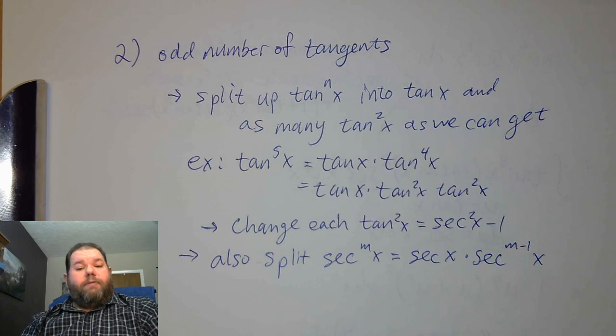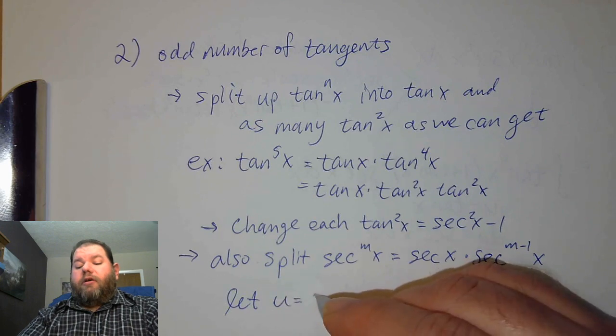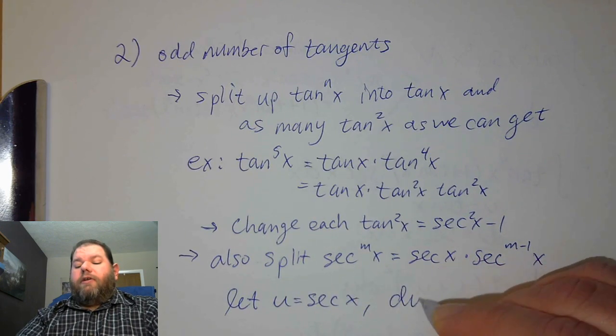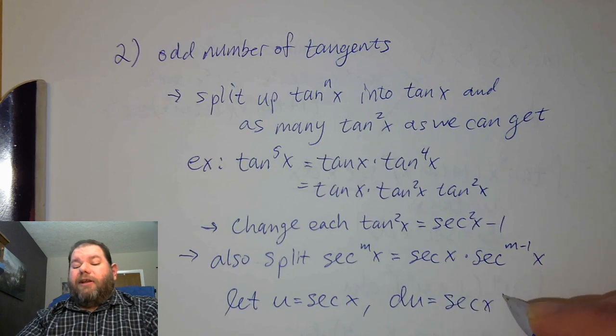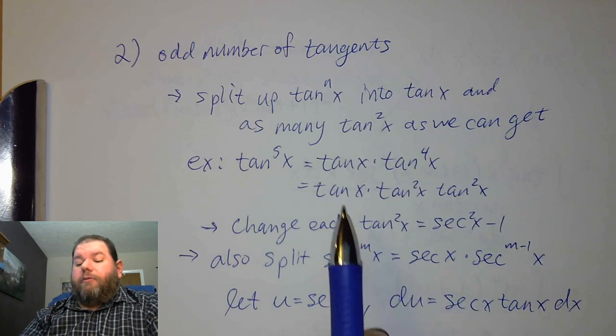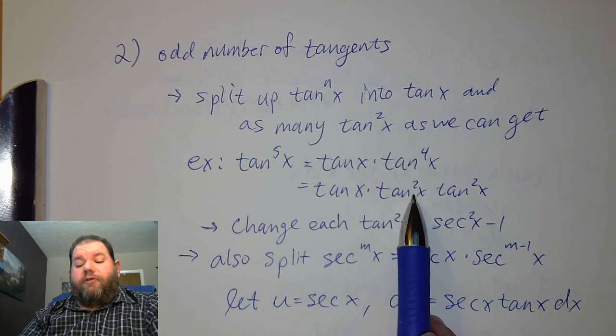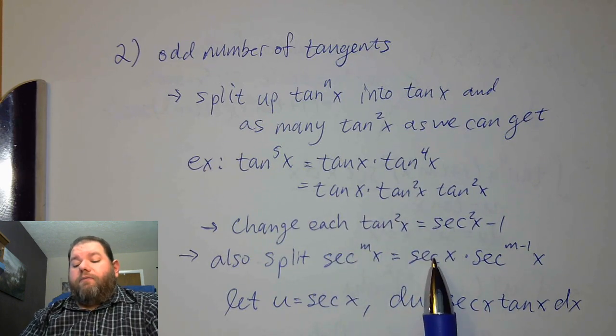So not only do we split up the tangents, we also separate the secants here. And the reason we do that is because we're going to let u equal secant of x, and du will be secant of x times tangent of x. That's the derivative of secant. And to accommodate this du, we need a secant and we need an extra tangent. So we leave one tangent untouched, the others are all changed to secants, and we'll make sure we leave out one secant to be part of that du also.